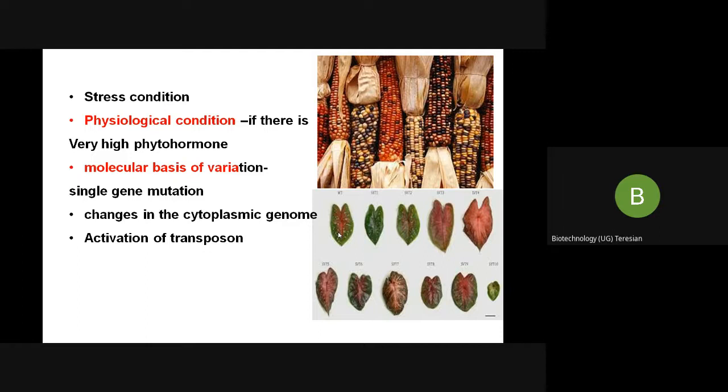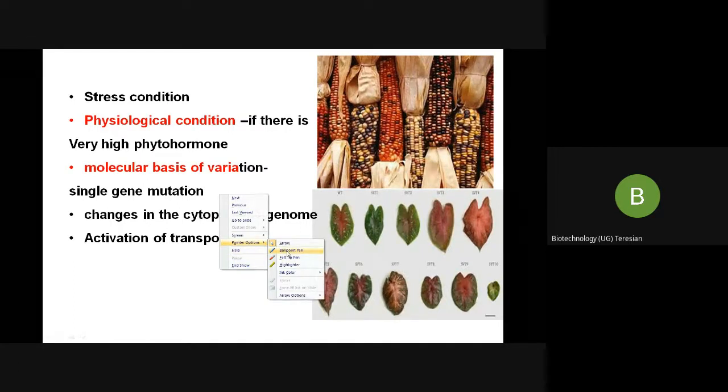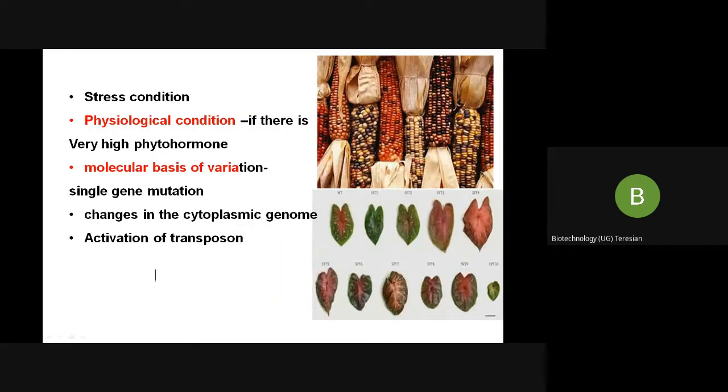So in order to avoid unwanted somaclonal variation, you have to go for periodic subculturing. And when you're doing subculturing, you have to use the same concentration and the same ingredients of the media. If this is my plant 1, I have to subculture it, again subculture, again subculture.